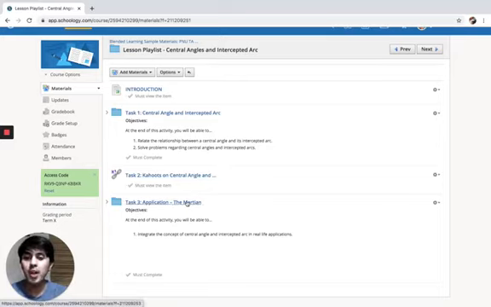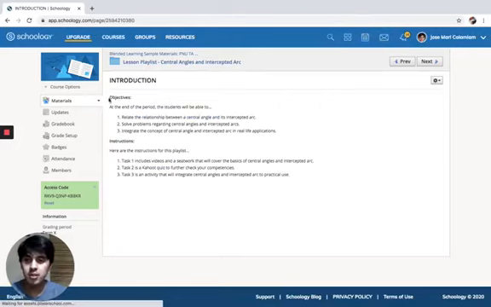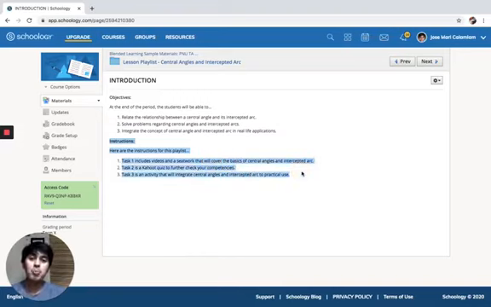Again, same with the normal setup, you will always start with an introduction. For the introduction, you will start with the objectives, but the instructions here will be more complicated compared to the latter two. These are general instructions per task. Task 1 will include videos and sheet work that will cover the basics of central angles and intercepted arcs.